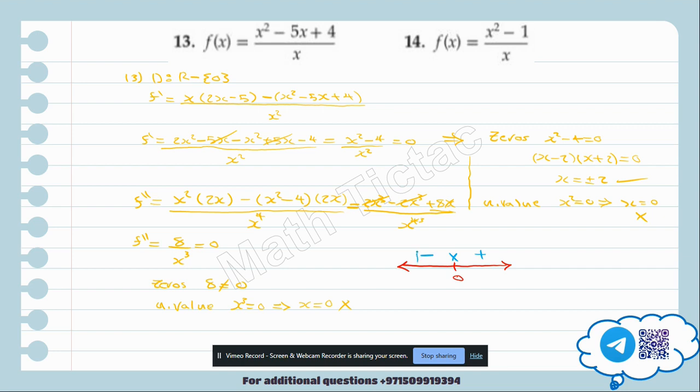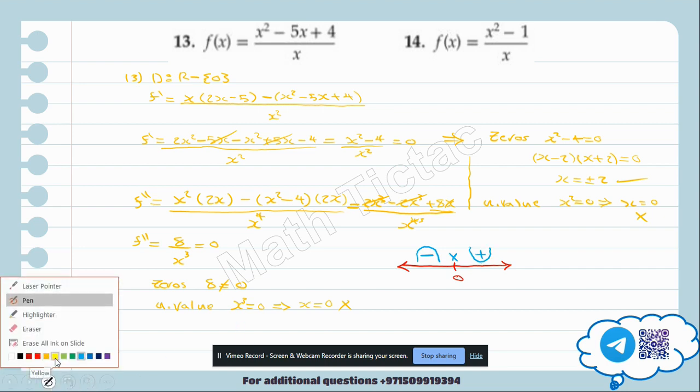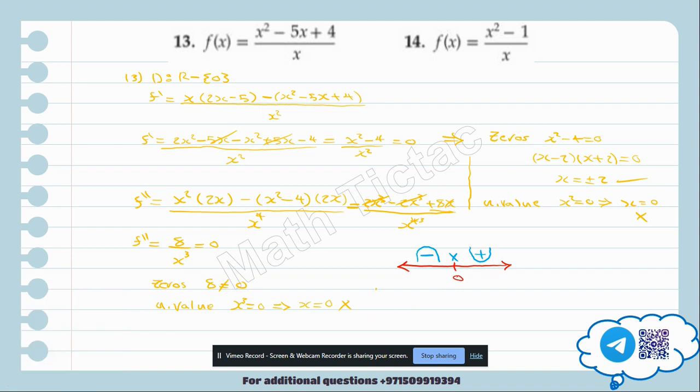So I have concave down and concave up. I will write directly: concave up from 0 to infinity and concave down from minus infinity to 0.